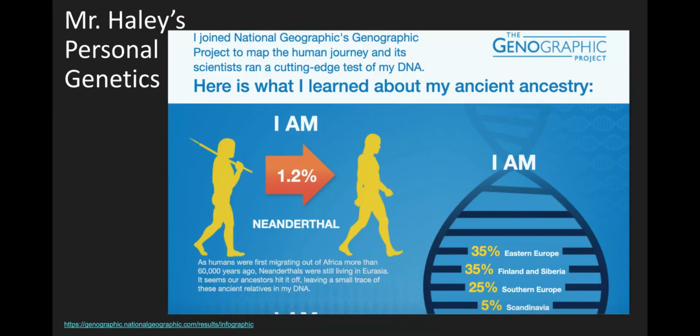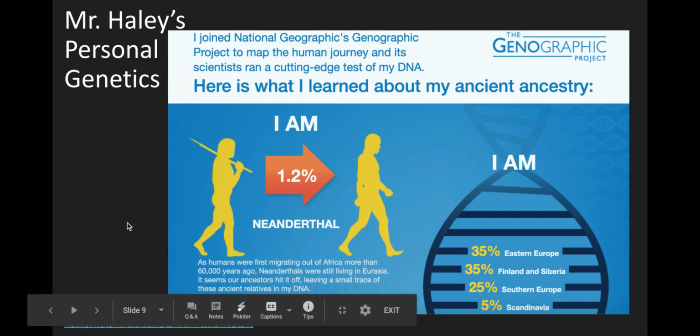Speaking of relatives, all of you share a relative to humans that is definitely not human. Now, when I say all of you, I mean folks that left Africa, anyone that has origins in Europe or Asia, Australia, and beyond. They, at some point, interbred with Neanderthals. Now, this comes straight from the National Genographic Project.